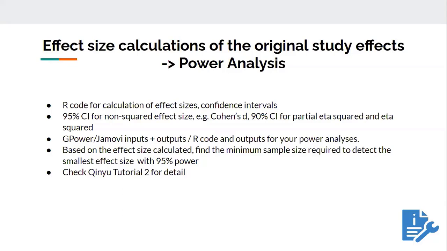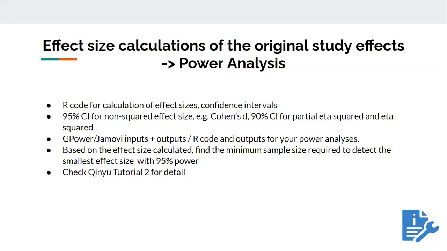Please report 95% CIs for standardized effect sizes, such as Cohen's d, and 90% CIs for partial eta squared and eta squared. You may use G*Power, Superpower, or other tools for your power analysis.